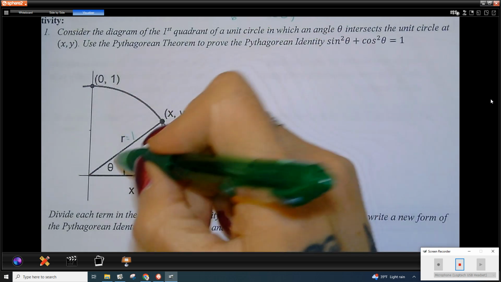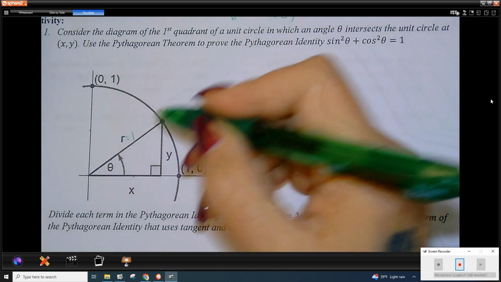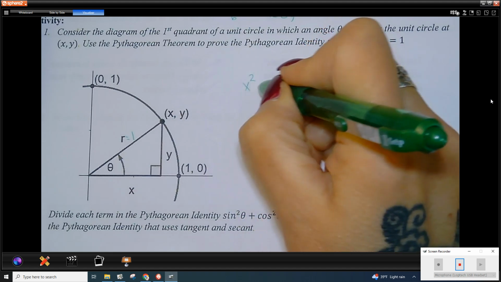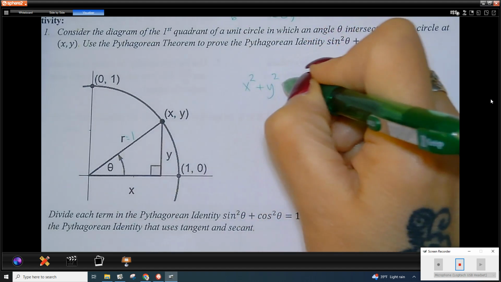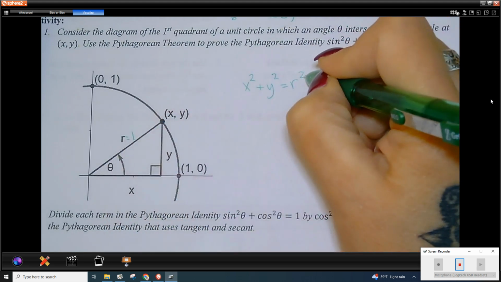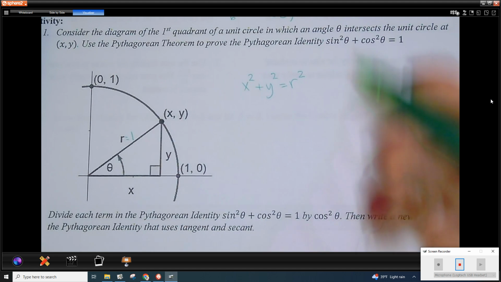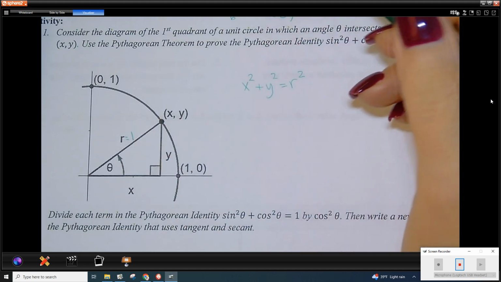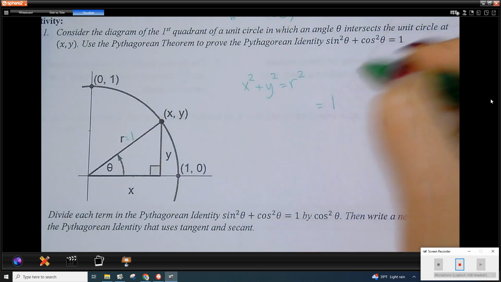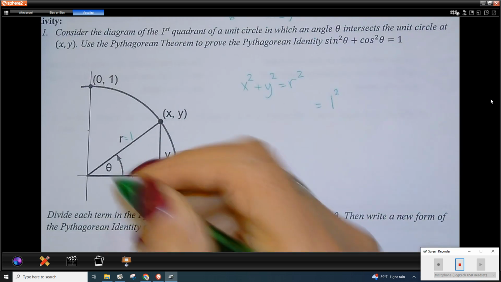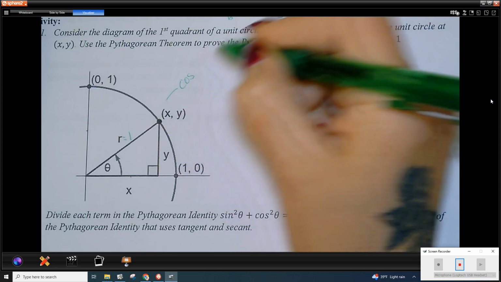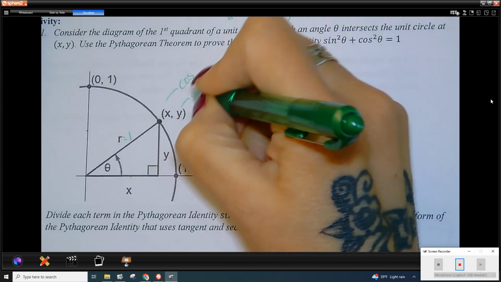So here we have our right triangle, and we know that if I square the legs, I get the hypotenuse squared. So to prove that for trig, r squared is just 1, right? 1 squared, which is just 1. x in the unit circle is cosine and y is sine.